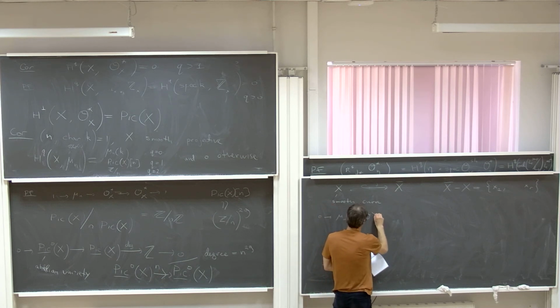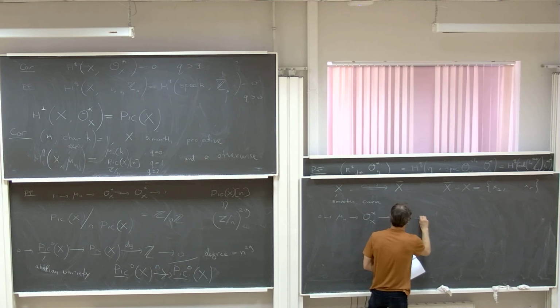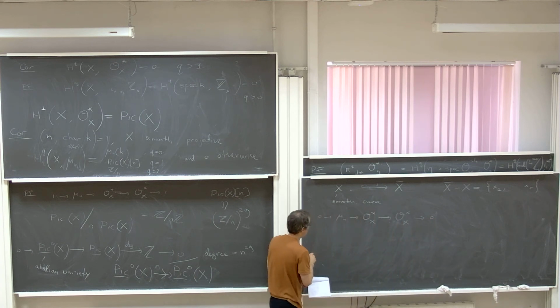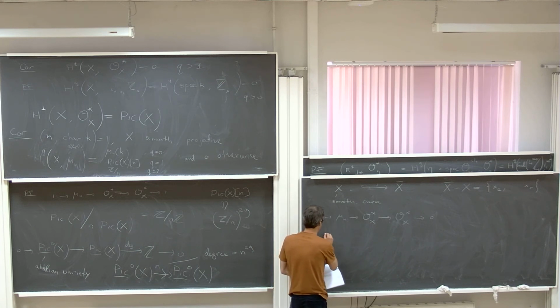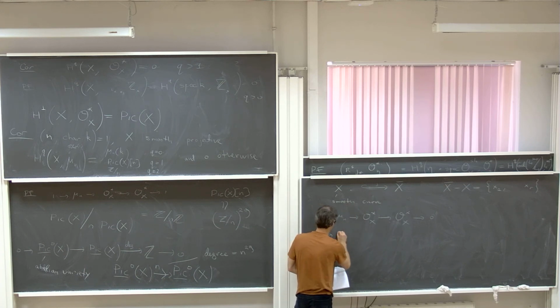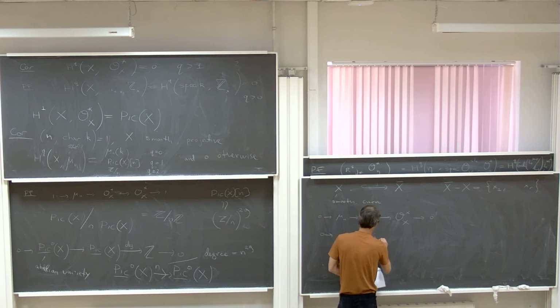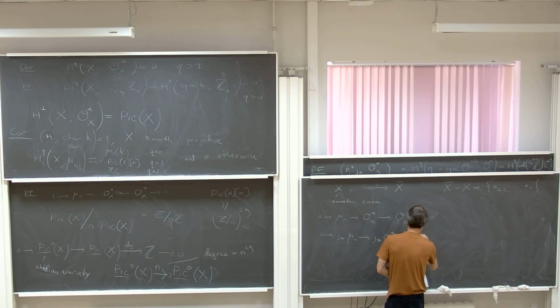This is O star X, O star X. And let's apply, let's take j_* of this. So I will have j_* of mu_n, I will have j_* of O_X star, I have j_* of O_X star.